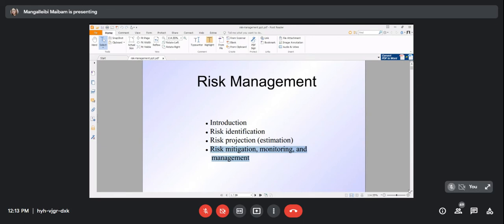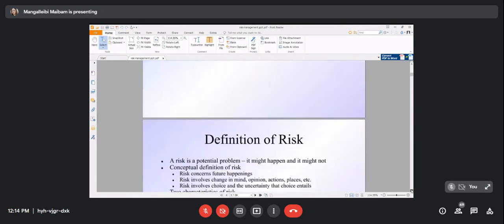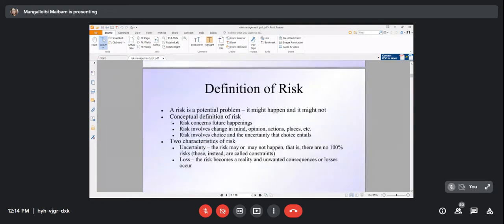And now let us see what is risk. Risk is a potential problem. It might happen or might not happen. We don't know whether a problem will occur or not. That is why we term this a risk.